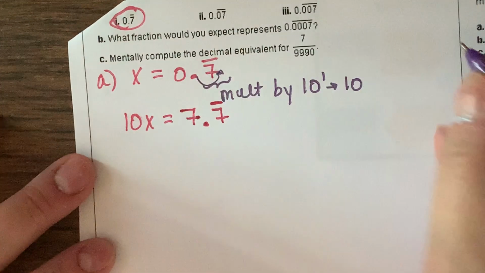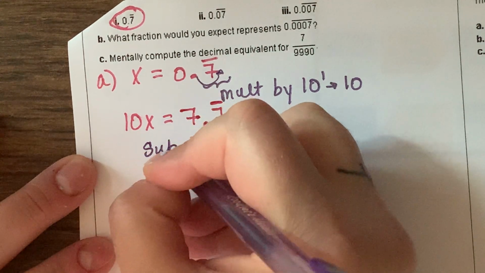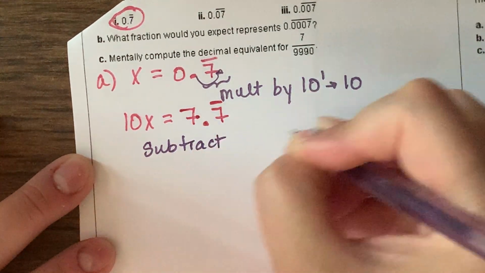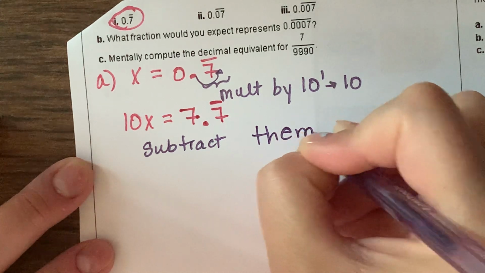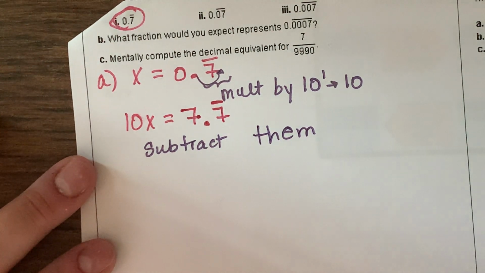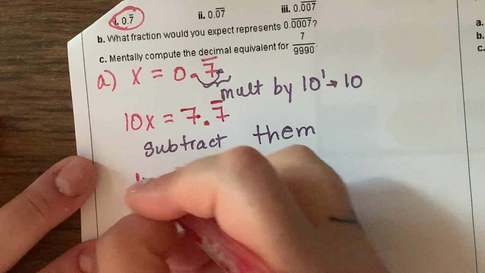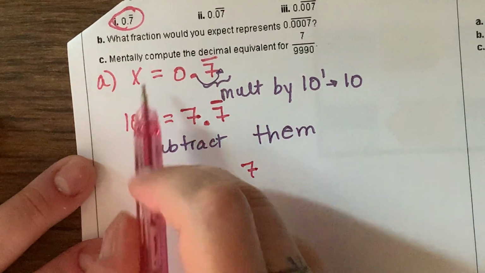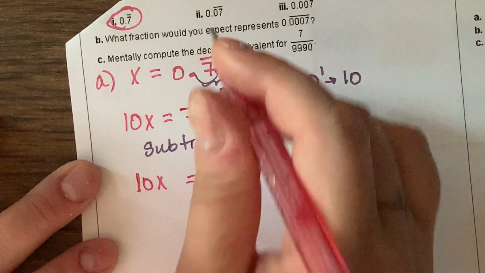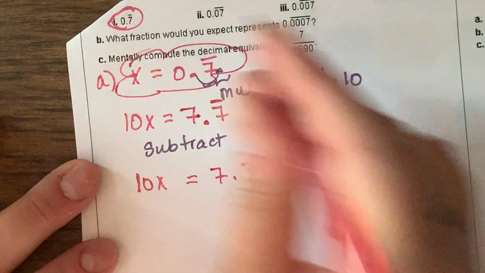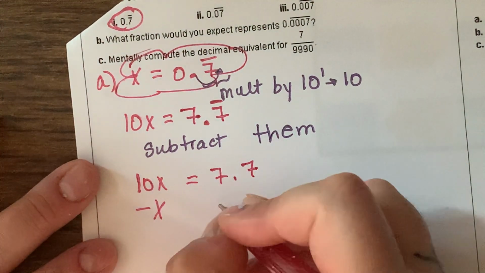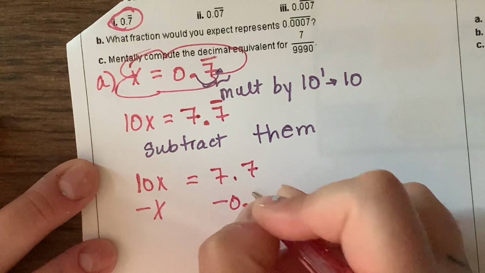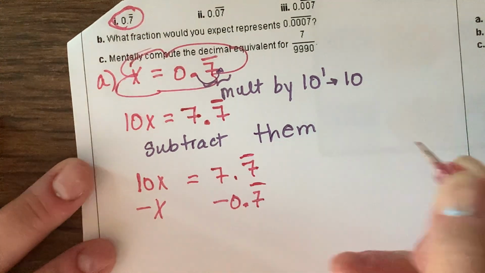Okay, so now you're going to subtract them. So we're going to say 10x equals 7.7 repeating. And then I'm going to subtract off this original x and 0.7 with a repeat.